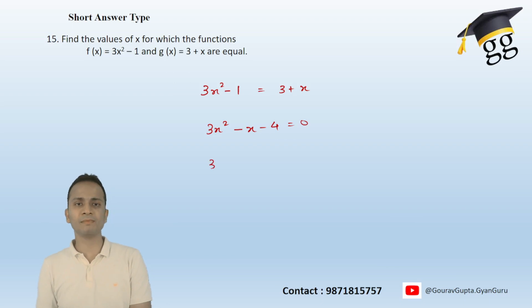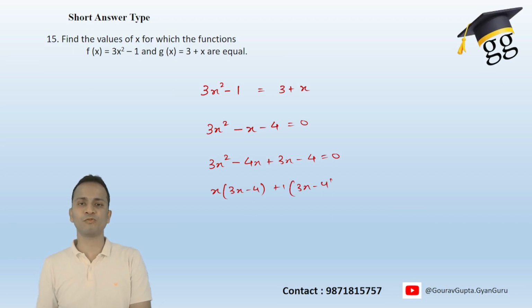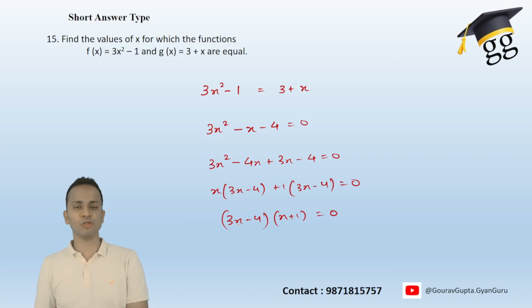So I split the middle term, 3x square minus 4x plus 3x minus 4 equal to 0. So taking x common, x times 3x minus 4, then plus 1 times 3x minus 4 equal to 0. Factorizing, 3x minus 4 is common, and then x plus 1 is left, and that is equal to 0.